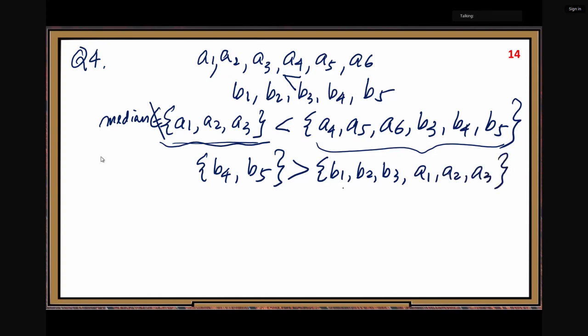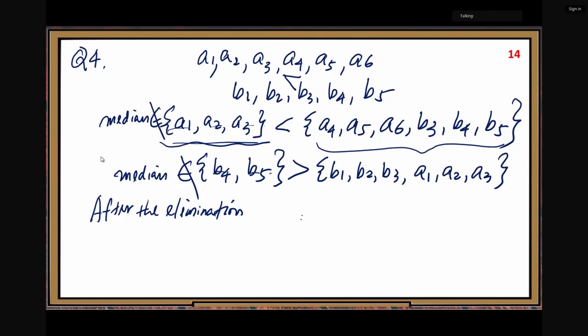If you can see that, the median cannot belong to these 2 elements either. So these 5 could be eliminated. But after elimination, what's left? You get to the previous question.